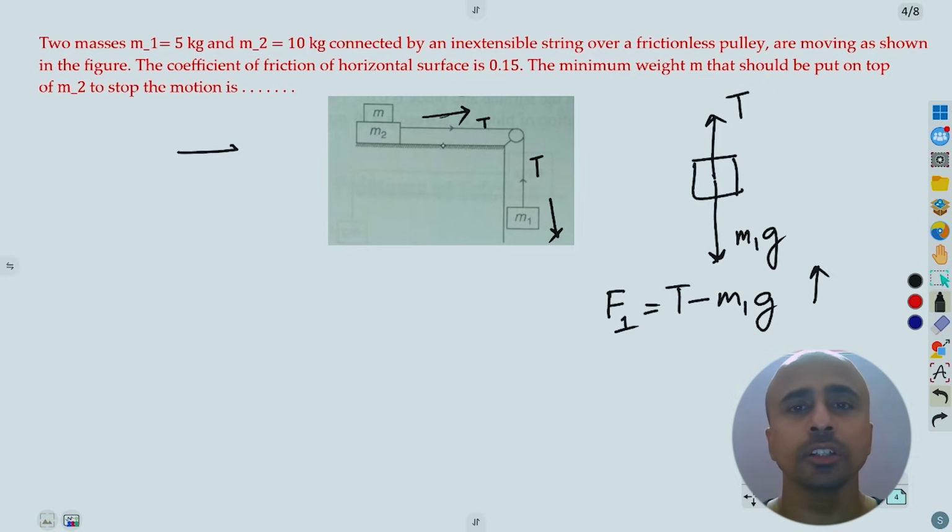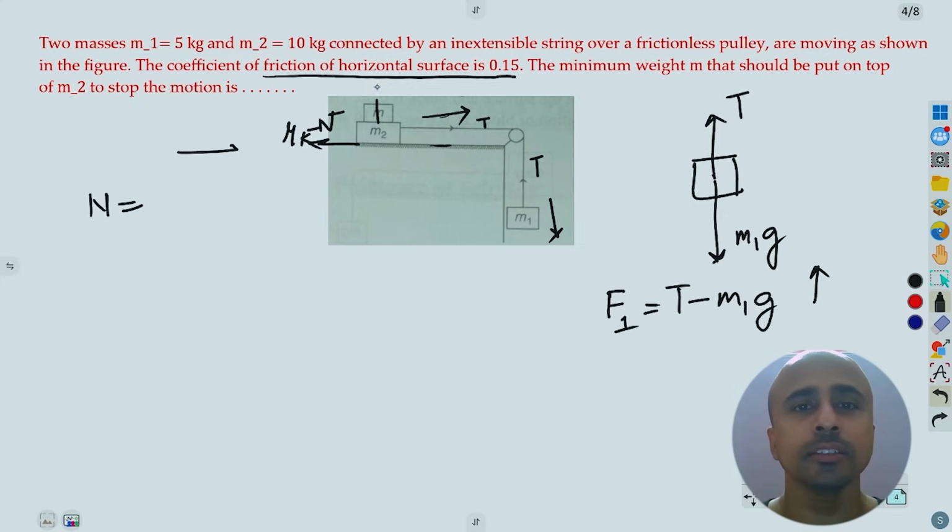The pulley is frictionless, but between the system and the table there should be friction, because the coefficient of friction of the horizontal surface is given as 0.15. So the horizontal surface is not smooth, it has some frictional force in this direction, and we know that it is mu k N. So what is N?